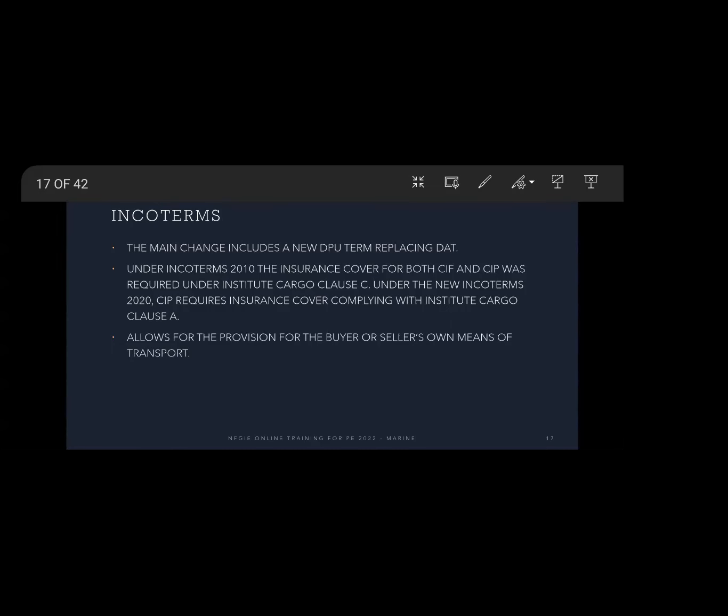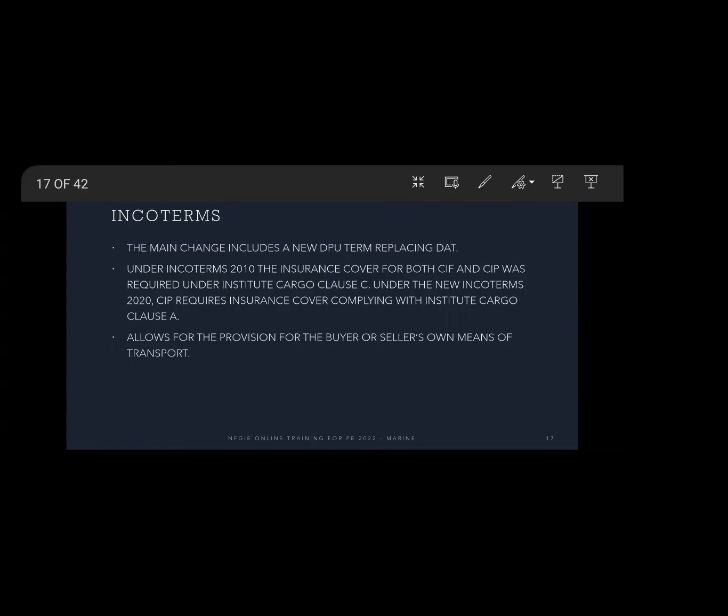Another change is that in the old Incoterms 2010, both CIF and CIP required insurance as per ICC-C. Now, under the new Incoterms, CIP requires ICC-A, but CIF is still on ICC-C.